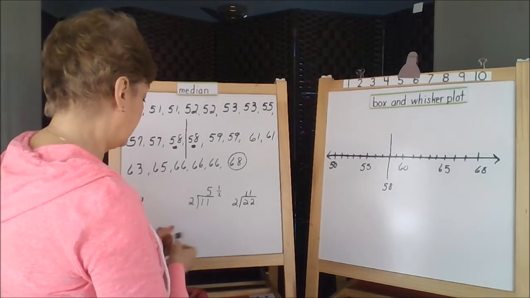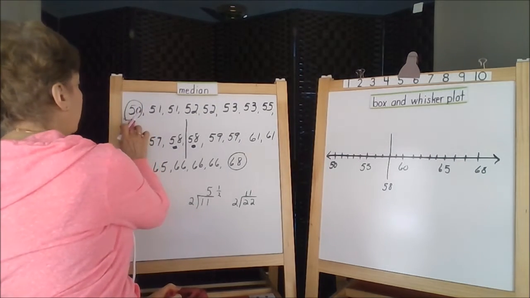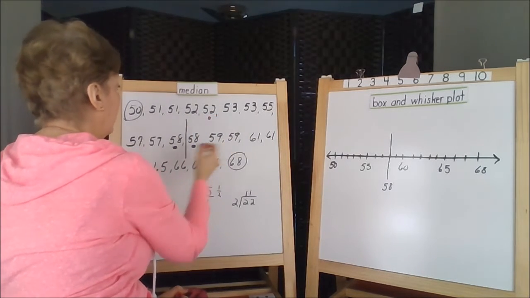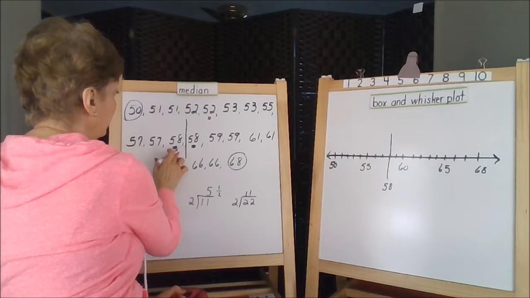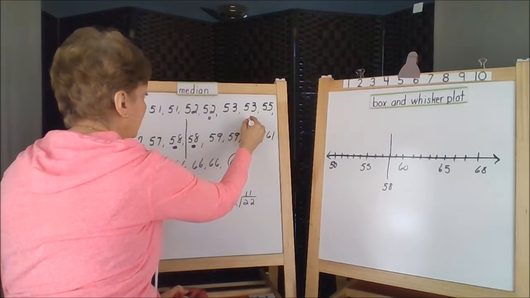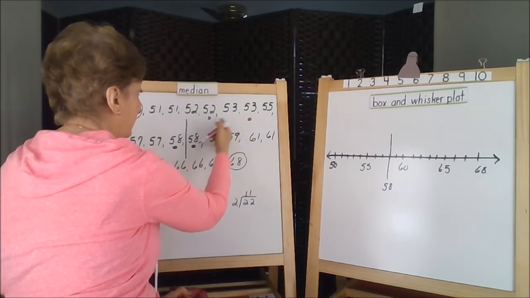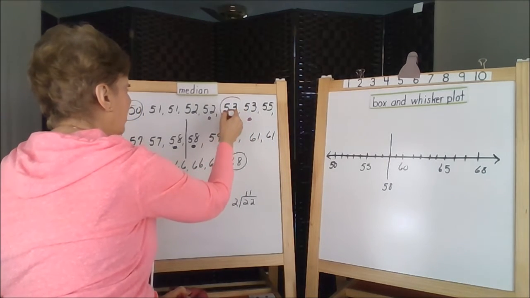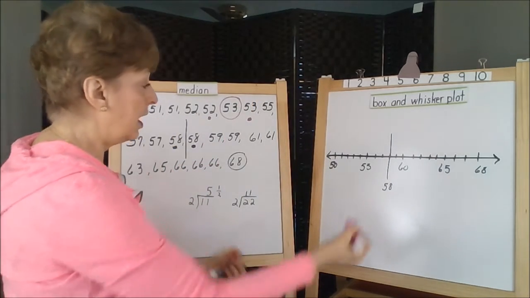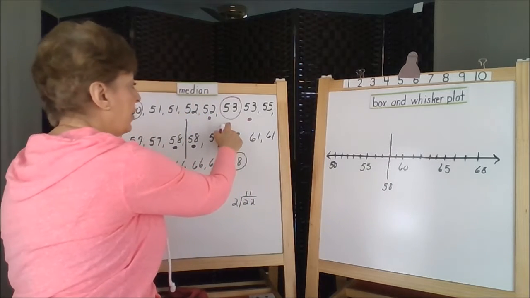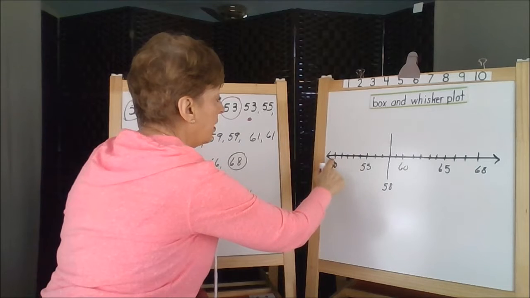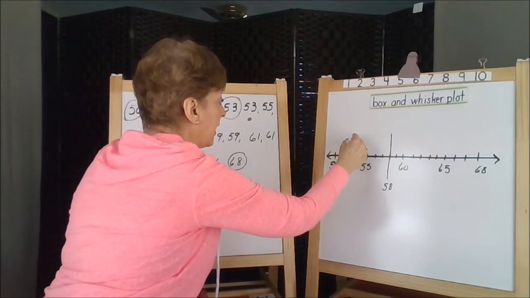So this time it's going to be 1, 2, 3, 4, 5. And then from the back, 1, 2, 3, 4, 5. And the number that comes between them is our midpoint of the first half. So coming over to our chart again, we're going to find 53 on our number line, which is 51, 52, 53 right here.